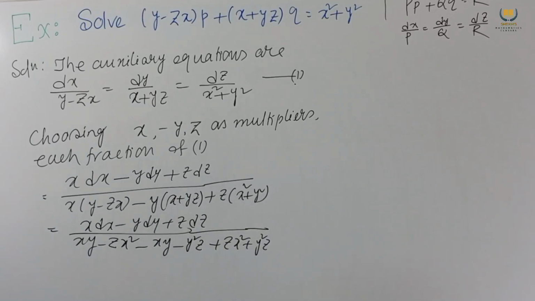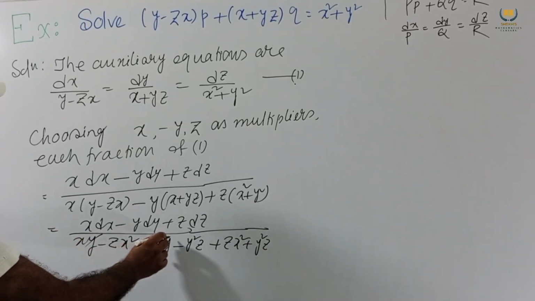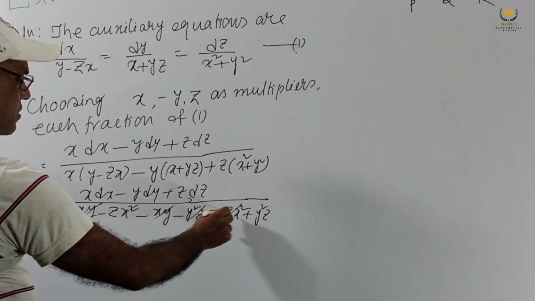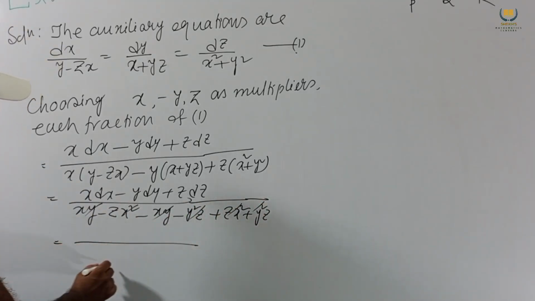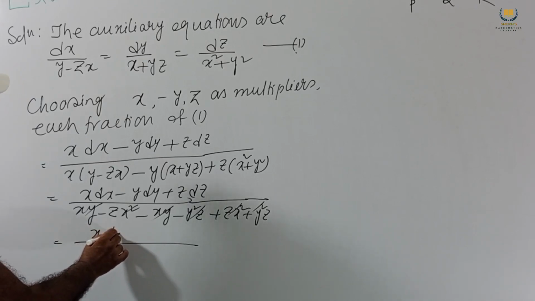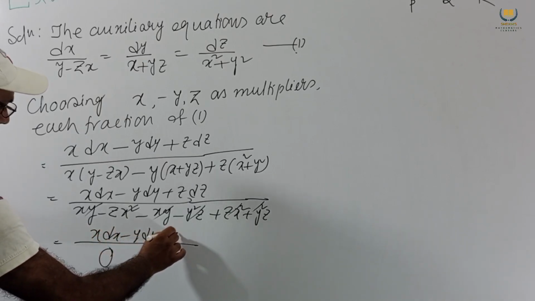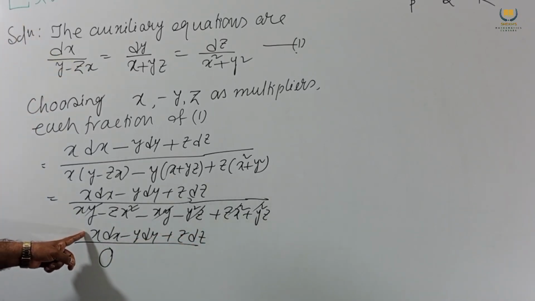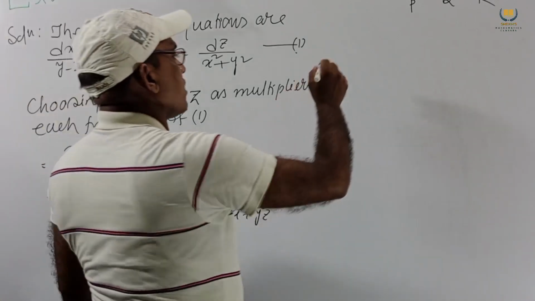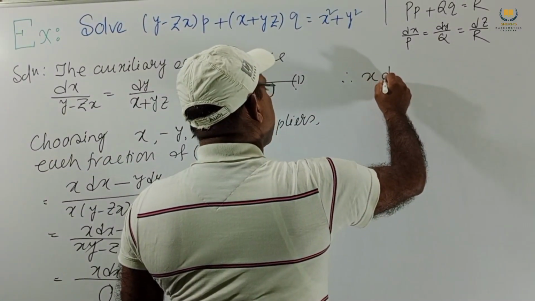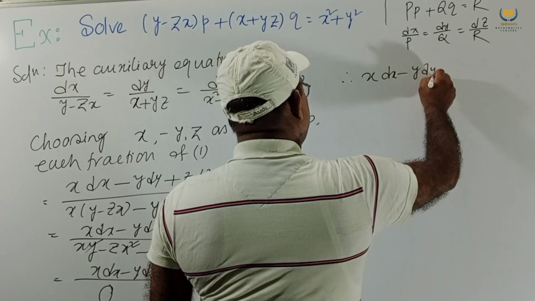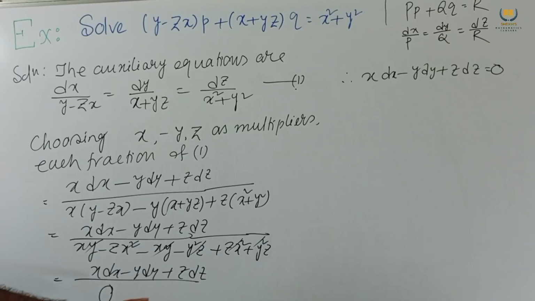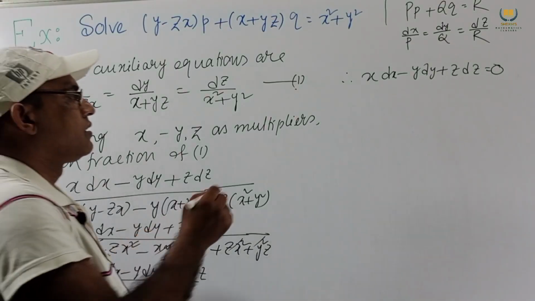We get this one. So we cancel xy, zx², these two cancel, y²z cancel. So what we get, denominator is 0, x dx - y dy + z dz, and denominator is 0. If denominator is 0, then we write numerator equal to 0. Therefore, we can write x dx - y dy + z dz = 0. By rules, we write this equal to 0.